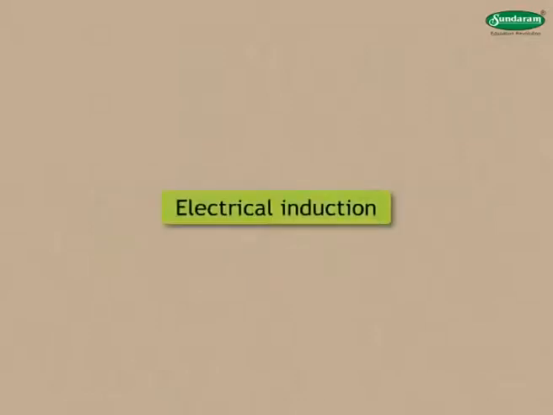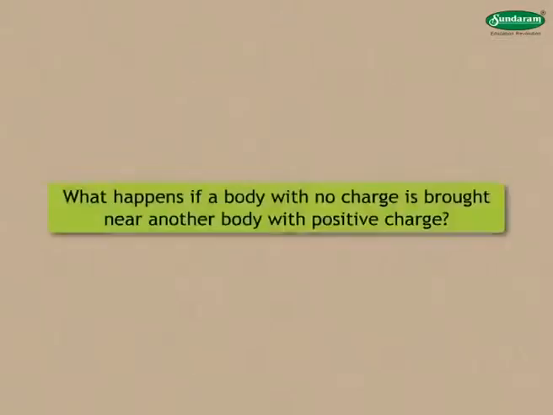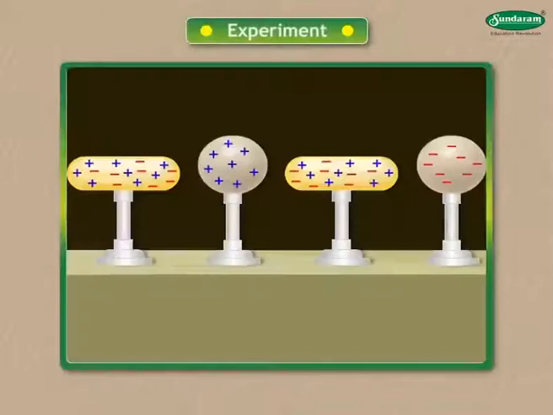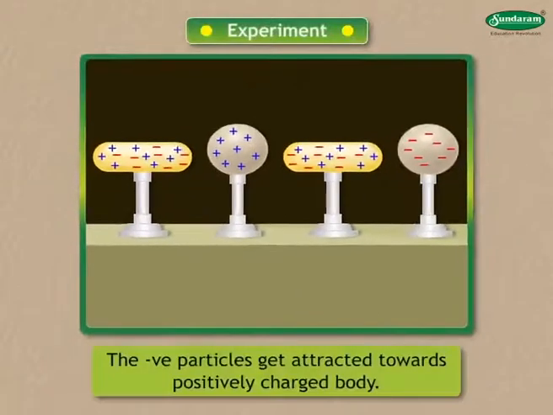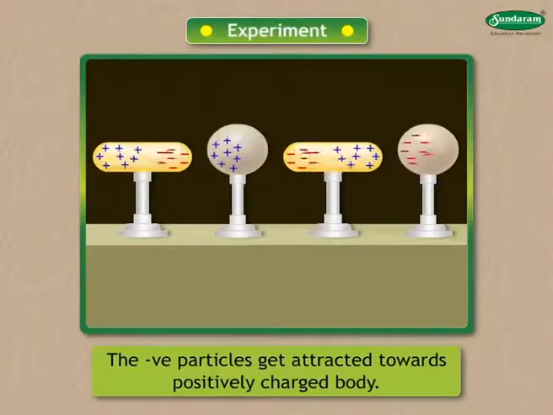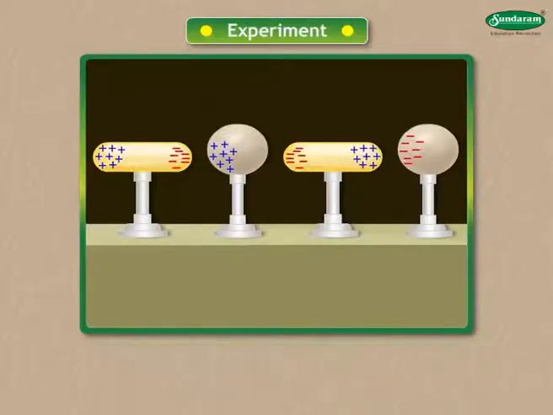Let us now study about electrical induction. Now, what happens if a body with no charge is brought near another body with positive charge? As we just read, in the uncharged body, the number of positive charges and negative charges is equal. The negative particles in it get attracted towards the positively charged body while the positive particles are repelled. What is the effect of this?